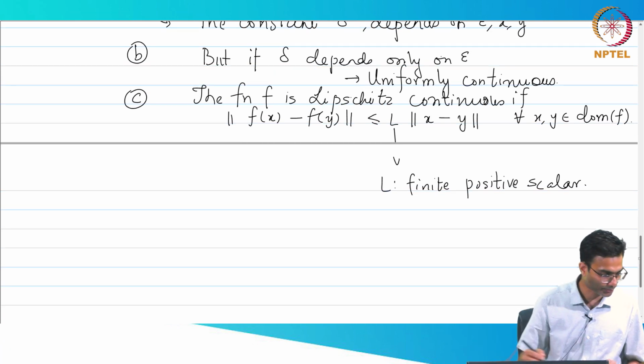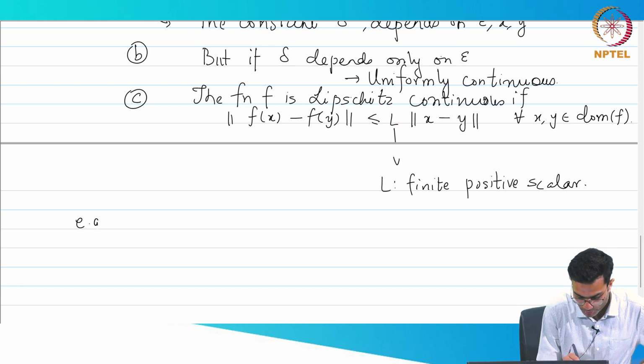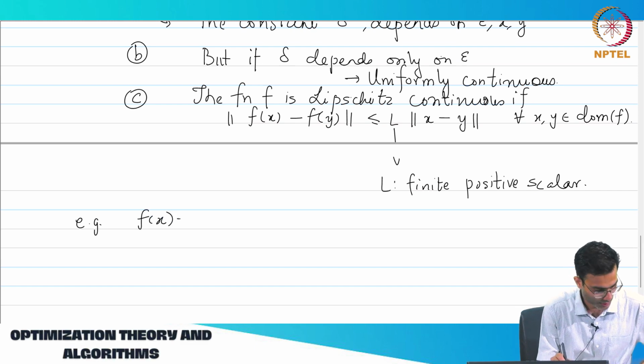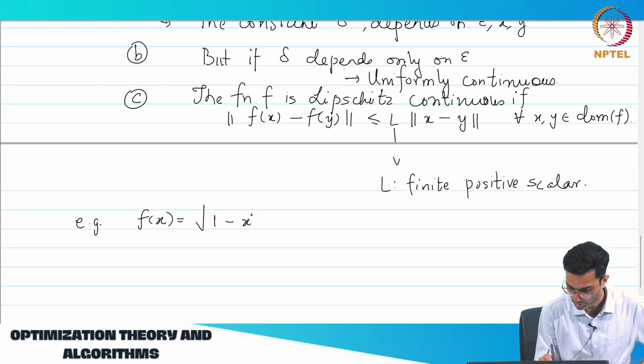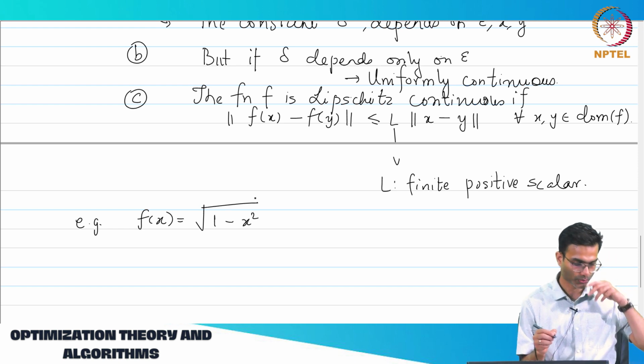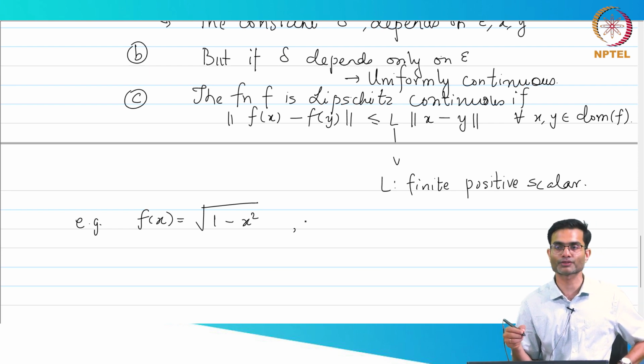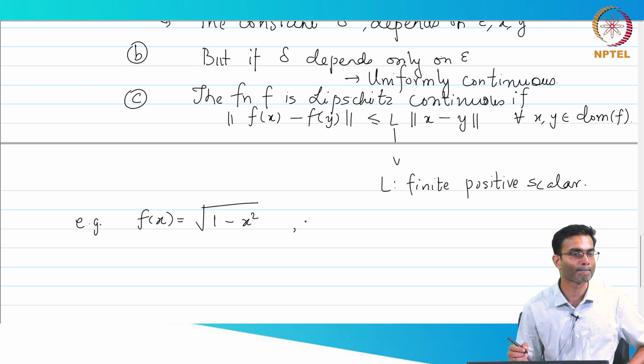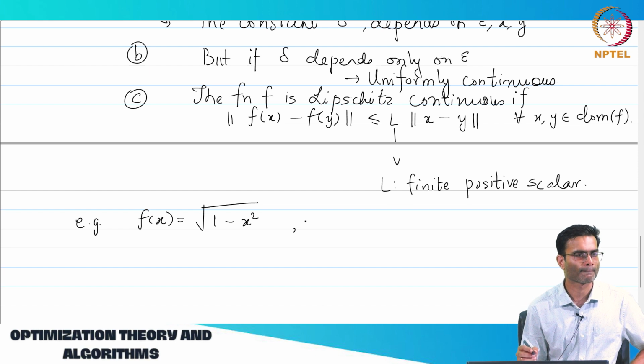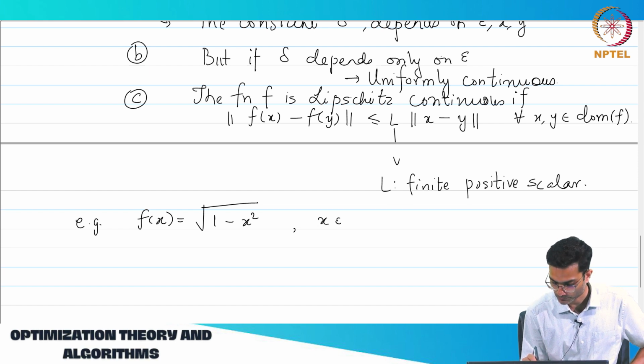So let's take an example. Let's take f of x equals square root of 1 minus x squared, and to keep life in the real world, I should restrict x to minus 1 to 1.